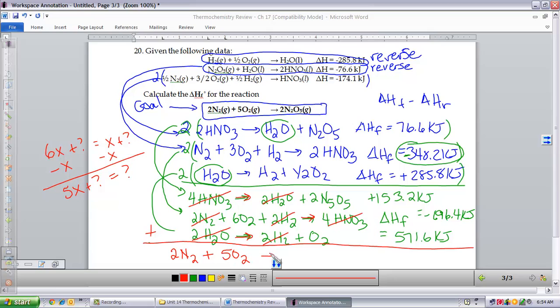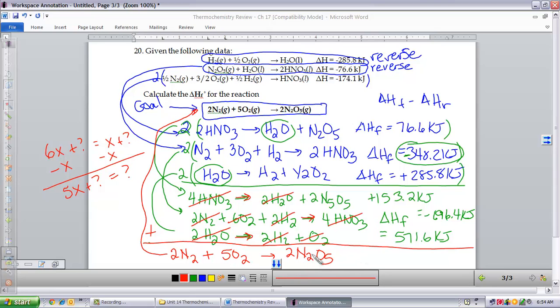So we're going to do the same thing here. We're going to put 5 oxygens on the left, because that's where my larger amount is. And then the only thing I'm left with here is 2 moles of dinitrogen pentoxide. So if you notice, this exactly equals what our goal is.